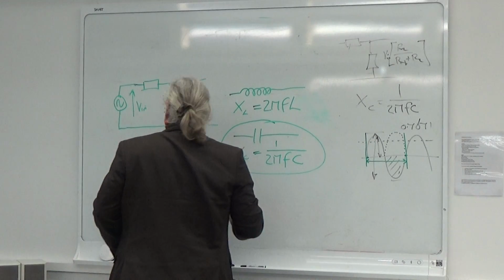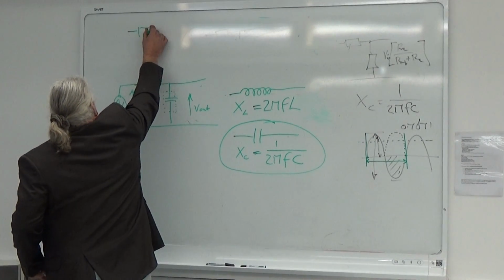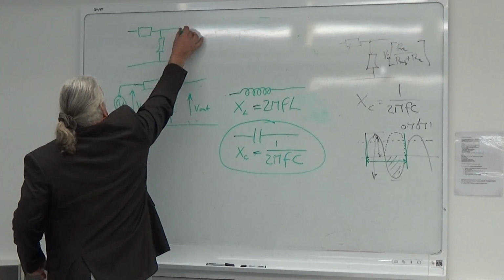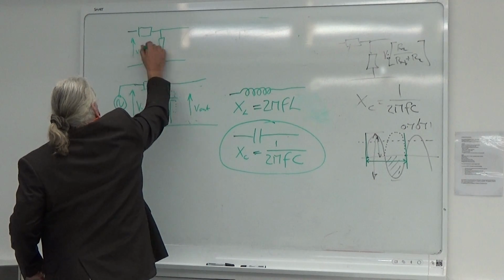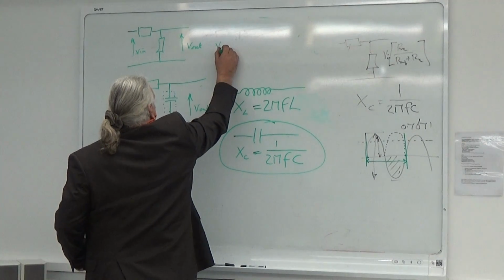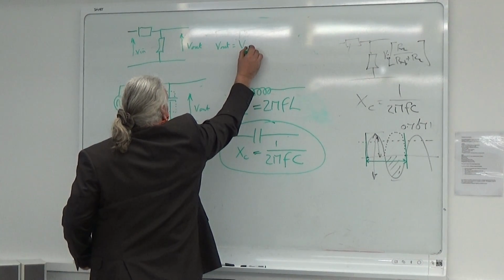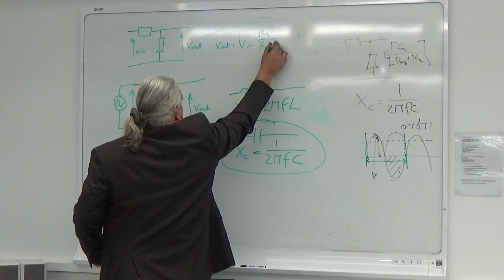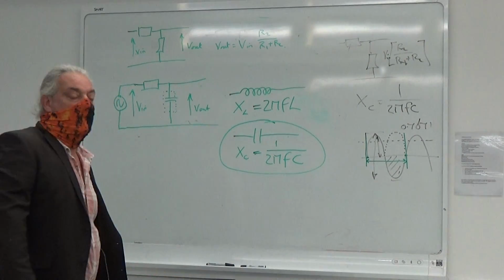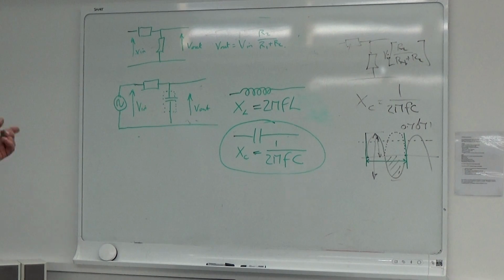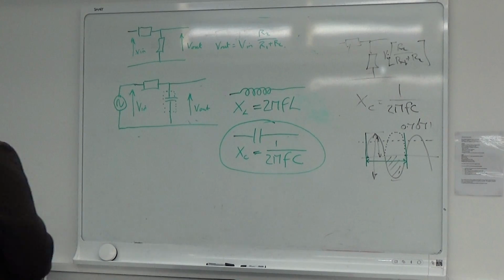If that were a standard potential divider, like this, V out is equal to V in R2 on R1 plus R2. I can derive that, like I say, I've already done it, have a look at the videos, but most people just remember that because it's really, really fundamental.